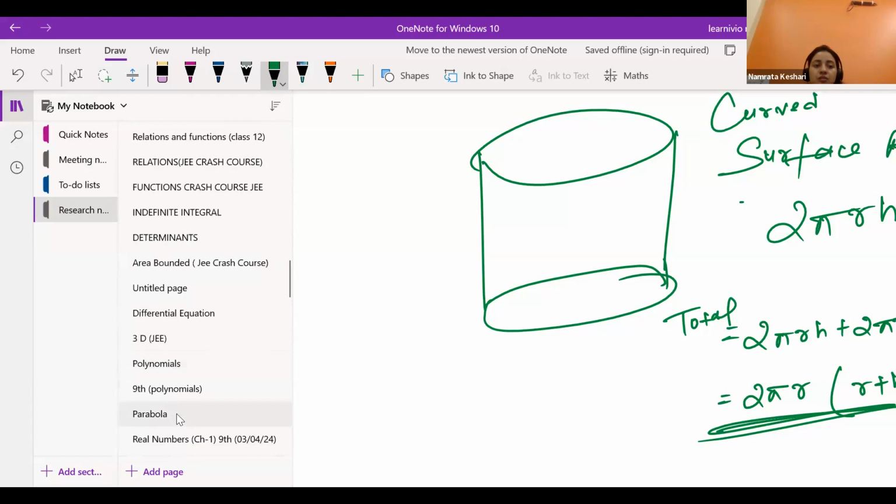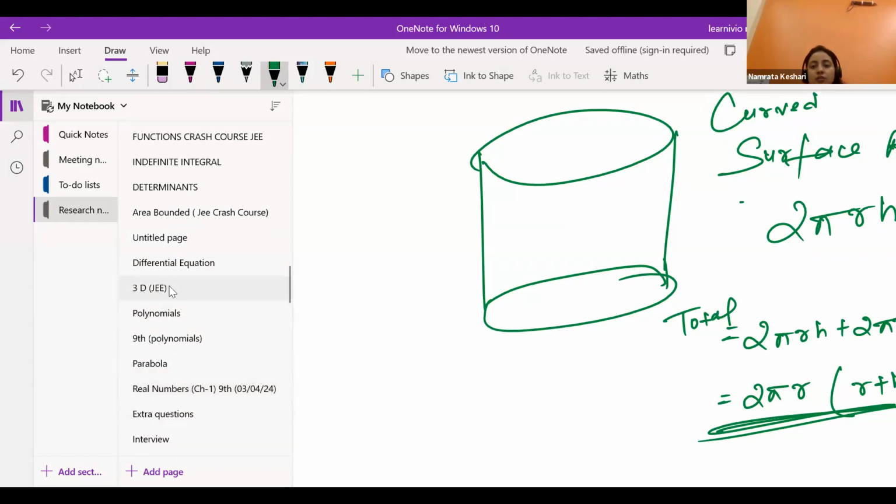Yes, ma'am. Okay, see, you all have so much potential, but you will only be able to give your best when you are practicing. Even if your mind is very sharp, you are understanding everything, and till the previous class you have scored very well, you need to practice maths over here.